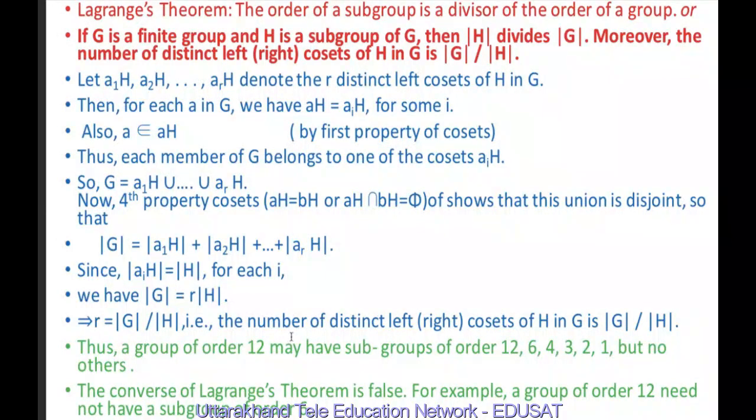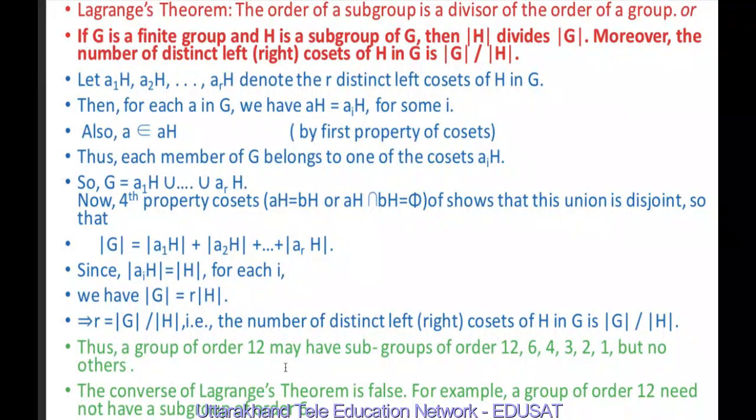That is, the number of distinct left cosets of H in G is nothing but the order of G upon the order of H, because here r is the number of cosets a1H, a2H, ..., arH in G, and this result may be proved similarly for right cosets as well.